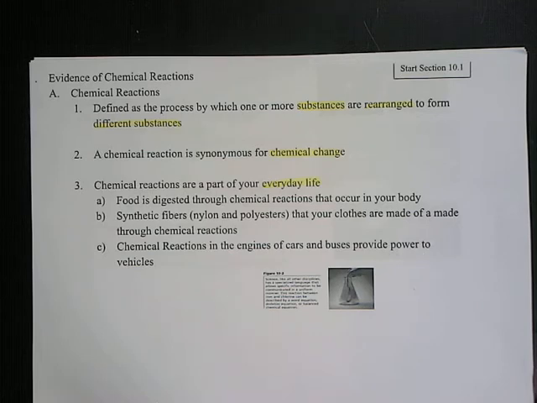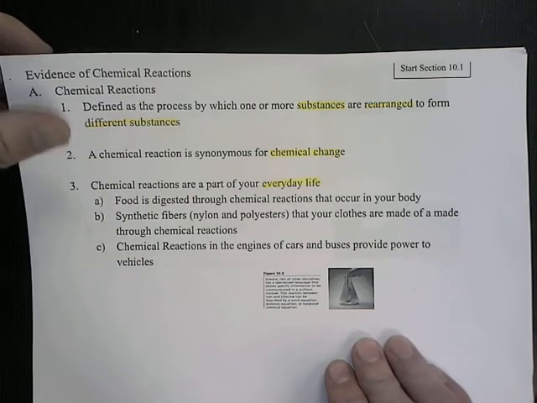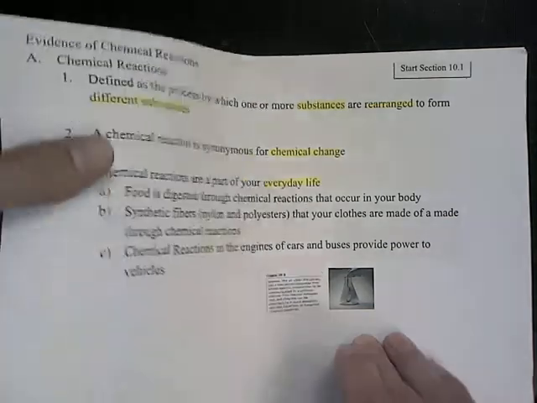With chemical change, we're going to identify how we can see or locate that chemical change. But the nice thing about this is that chemical reactions are occurring daily. They're occurring all the time, both inside and out of your body, all throughout the universe. So we have a lot of different great examples.